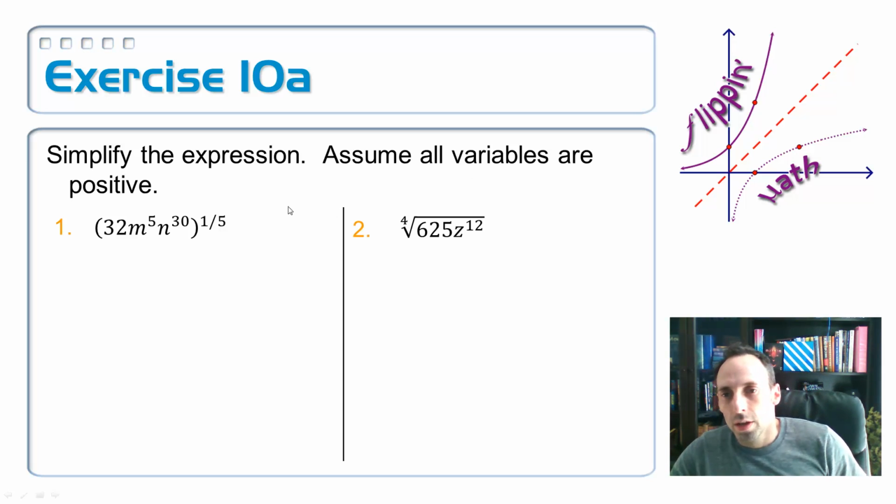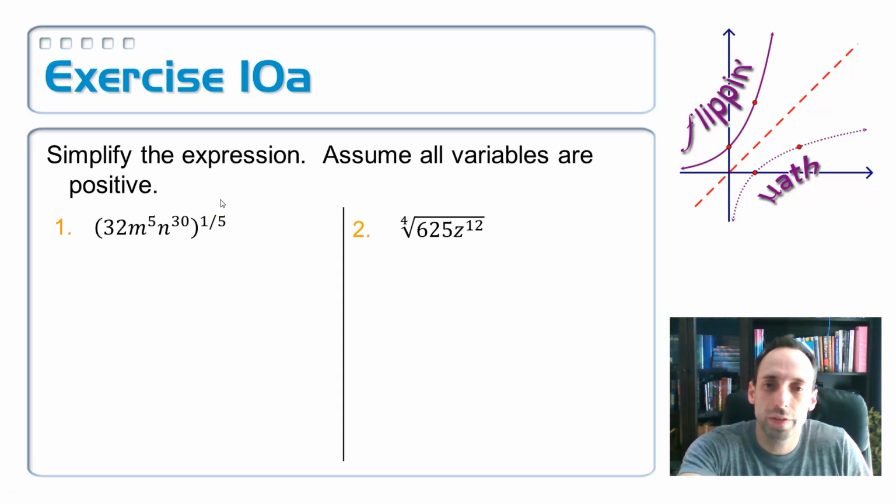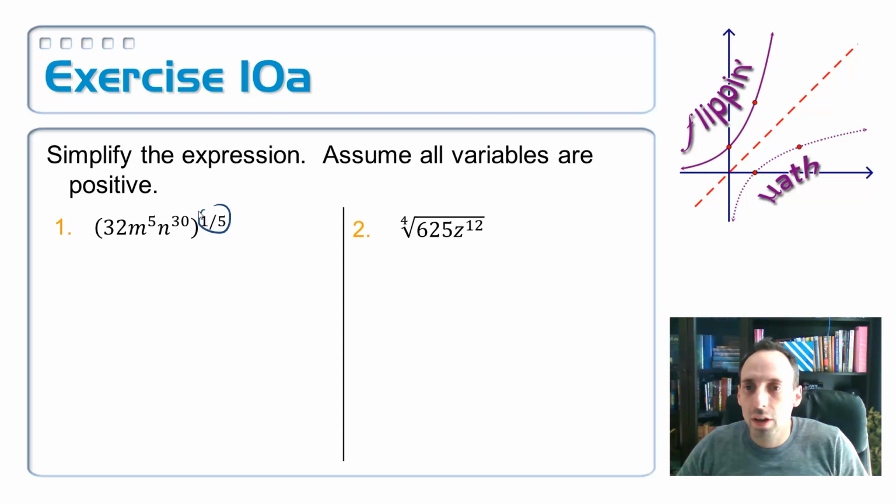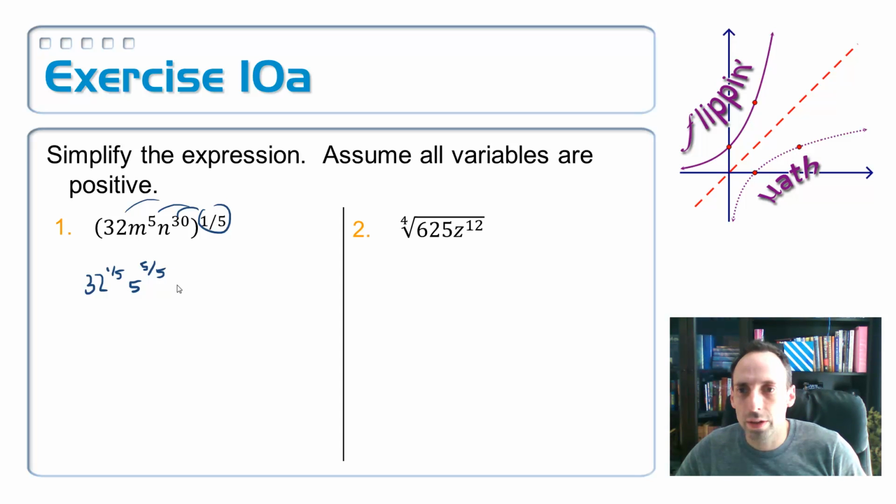Okay, so I want to take the 5th root, basically, of this whole expression. And this is just an application of the power property, where everything on the inside here gets that 1/5 power. So that's 32 to the 1/5 power, and m to the 5/5 power, because you multiply them, and then n to the 30/5 power. And now simplify all that.